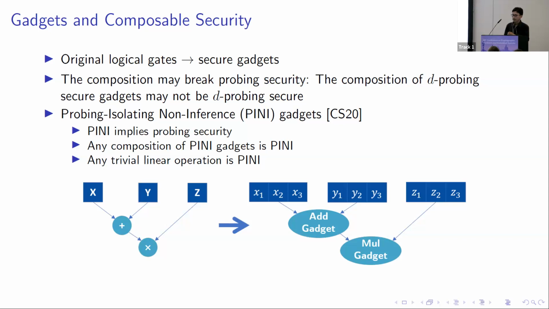So it is probing secure, because an adversary can only probe up to D shares without knowing the information about the last share.